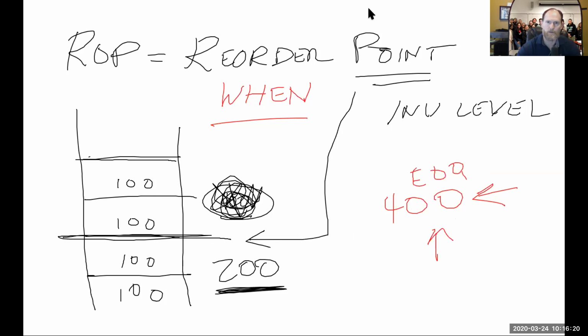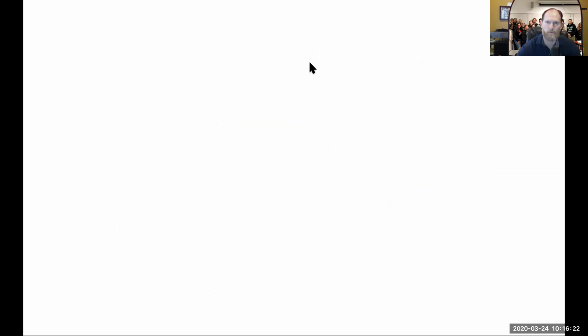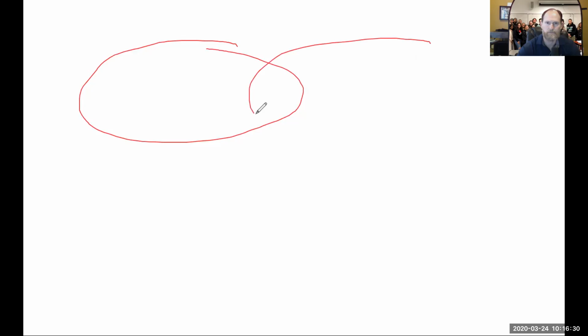So let's look at the relationship real quick before we talk about formulas. And I think this is tattoo time right here. I really do. So if you can capture this while I'm writing it down or go back and capture it, I think that'd be worth your while. So here we have EOQ land, and here we have ROP land.